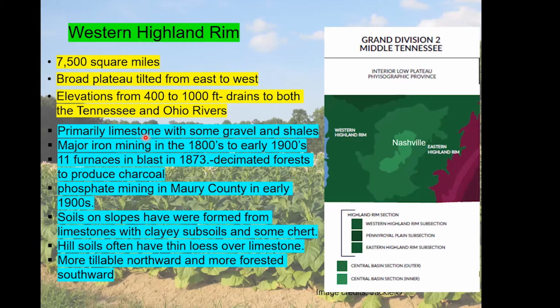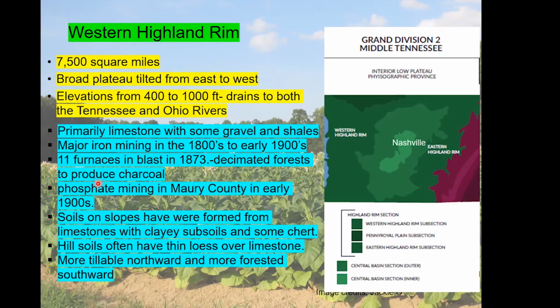Back in the day, there was a lot of iron mining in the 1800s to early 1900s. There were blast furnaces, which needed wood to produce charcoal. So a lot of them were decimated back in 1873. So a lot of these forests are going to be what they call the second growth forest or the third growth.